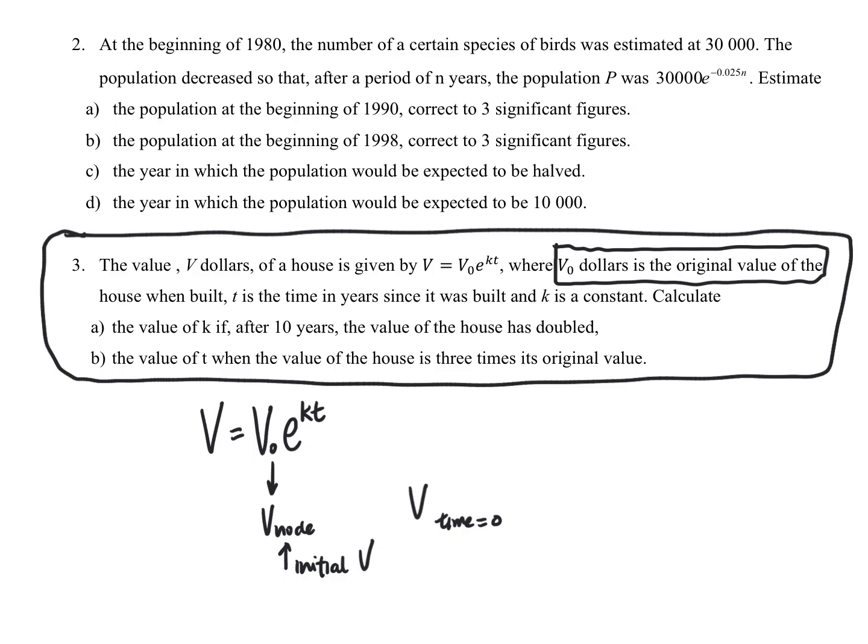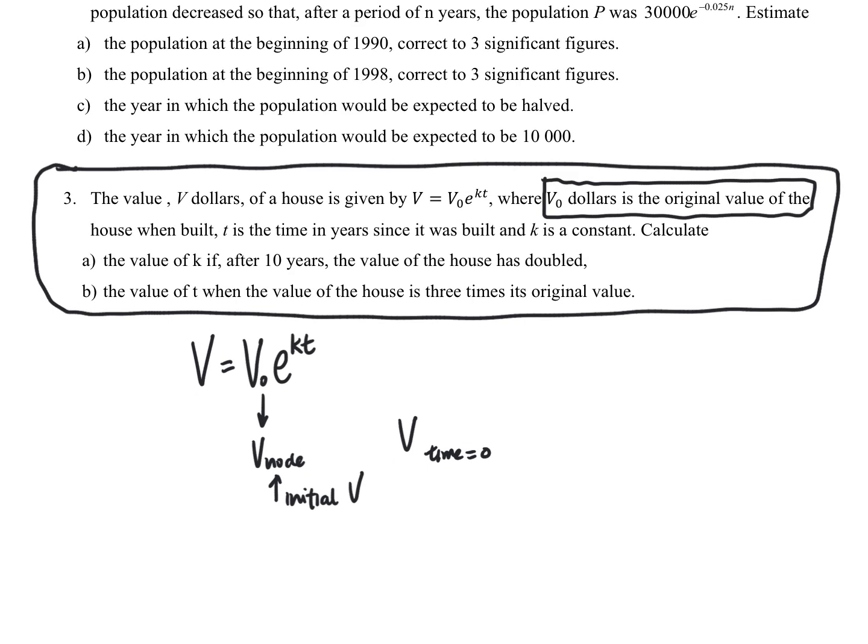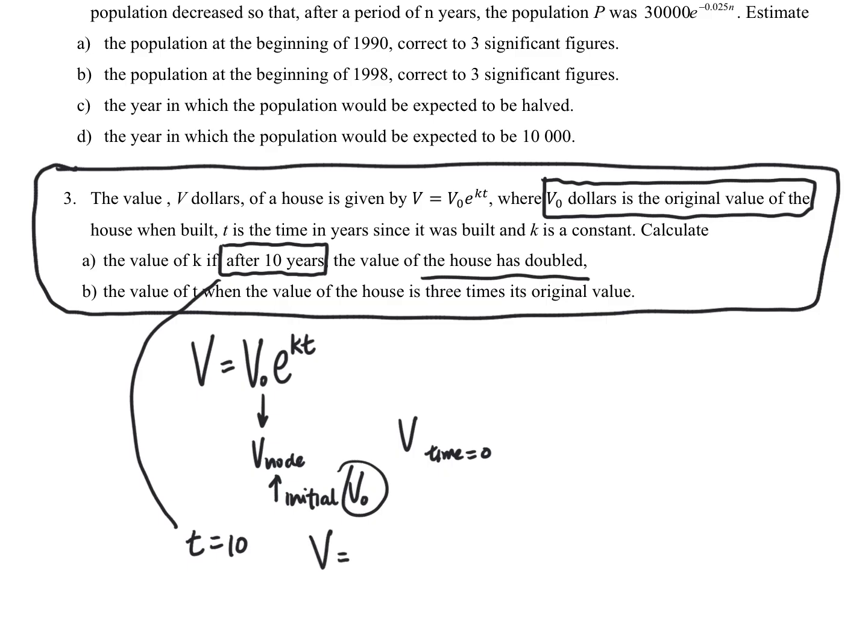Then it says T is the time in years since it's built and K is a constant. So find the value of K if after 10 years, meaning when T is 10, the value of the house doubled. If this is the initial value, what is the new value now? 2V naught, 2 times the initial value.